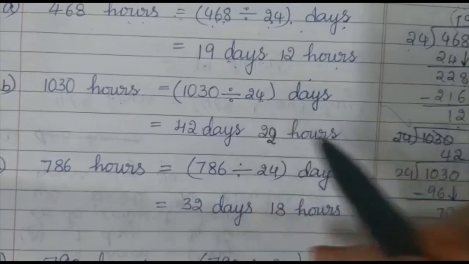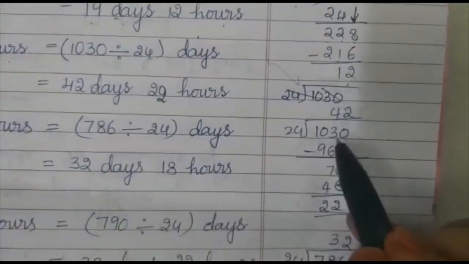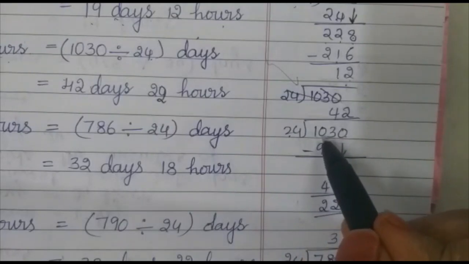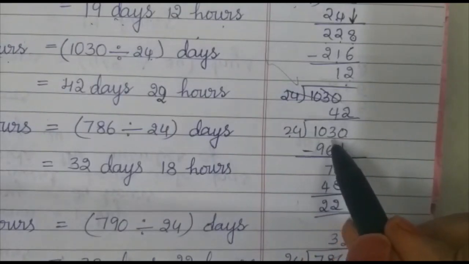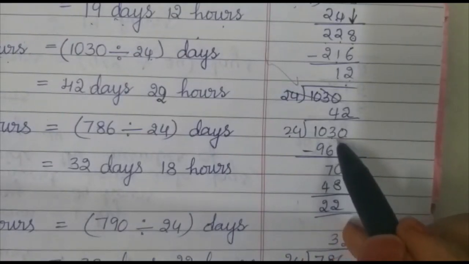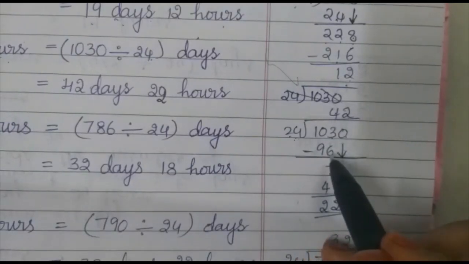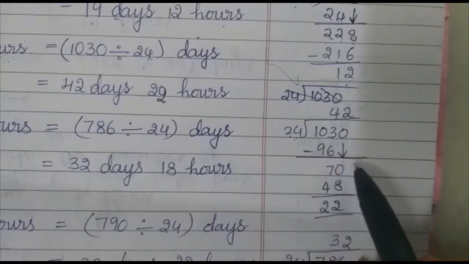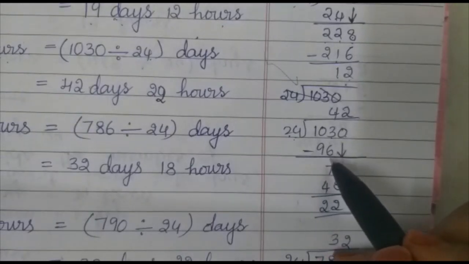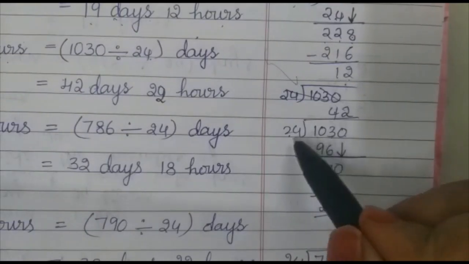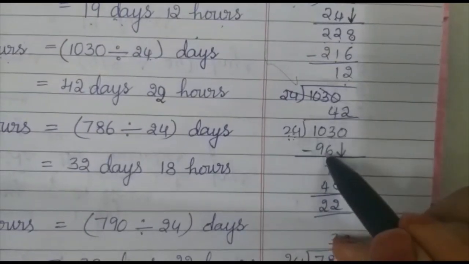Now you should do the division like this, children. 1030 is divided by 24. Two digits are not possible, so it will go with 3 digits. 24 fours are 96. If you take 24 fives, it will become more than 103. So we take the nearest number to 103 in the 24 table. So 24 fours are 96.